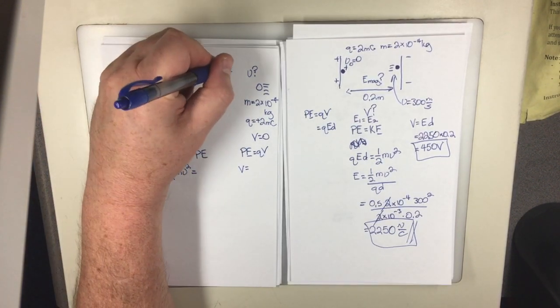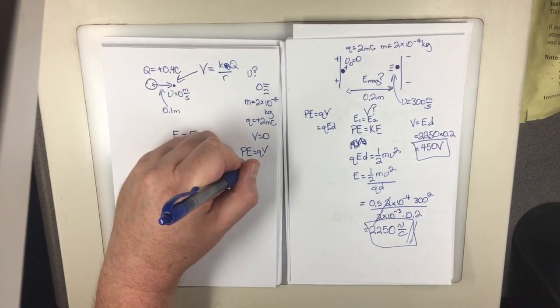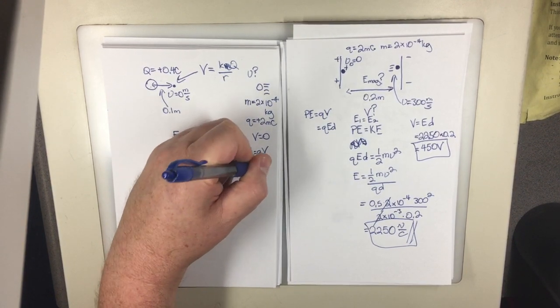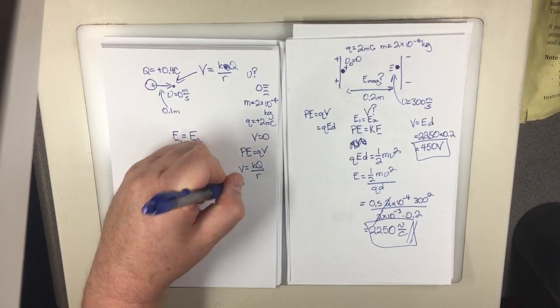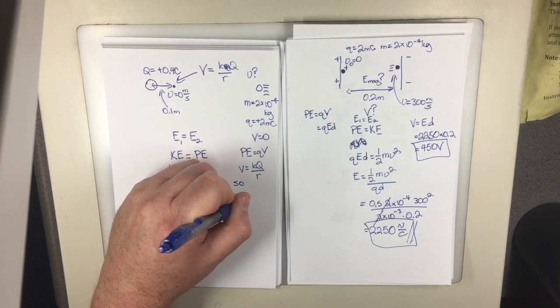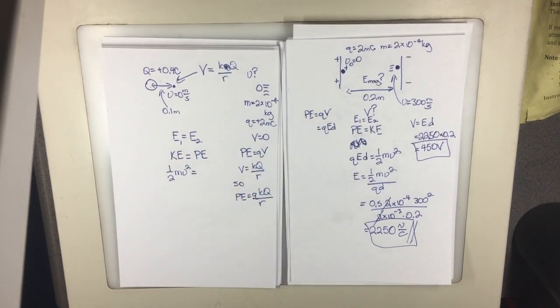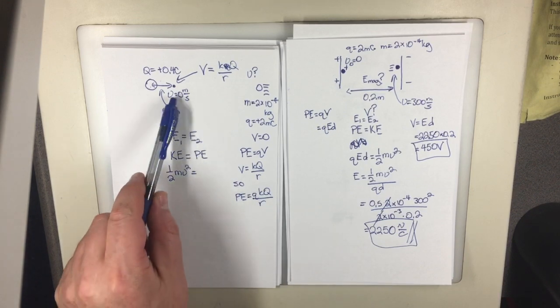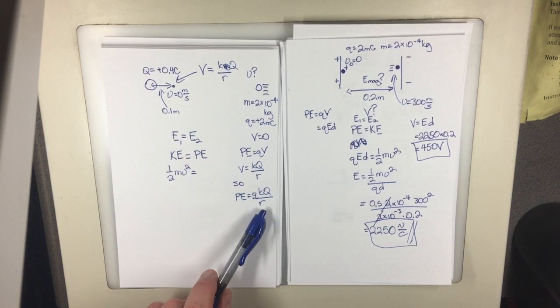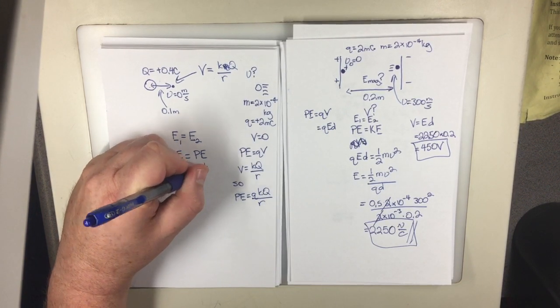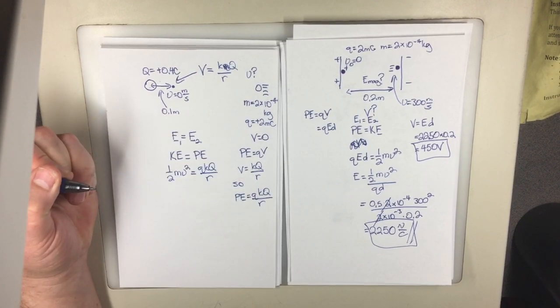I'm going to rewrite this: K big Q over R. So potential energy is equal to Q K big Q over R. That little charge has a specific potential at this point here, at distance R, or 0.1 meters. So this becomes KQ big Q over R.